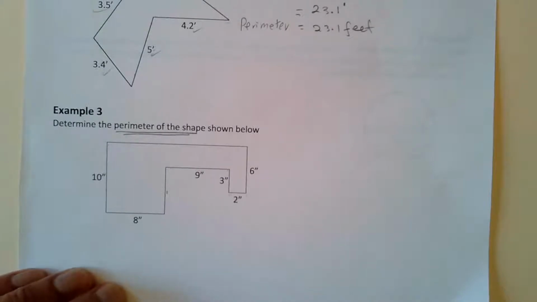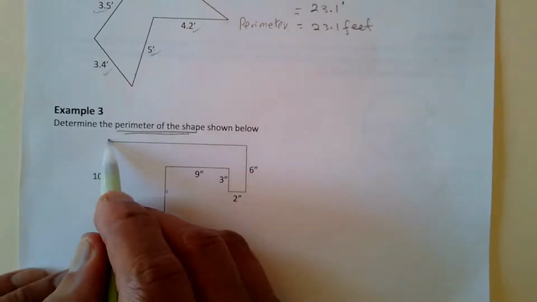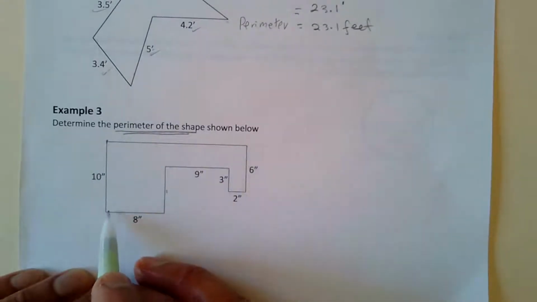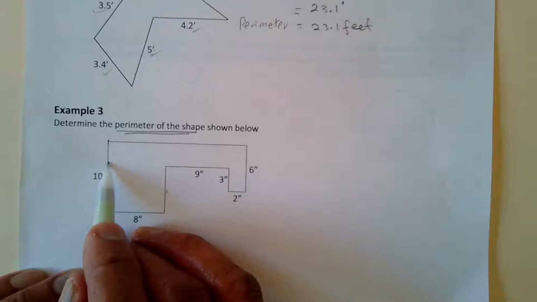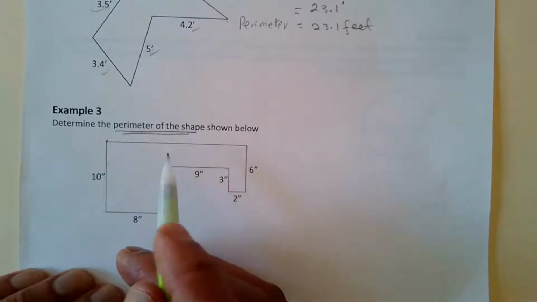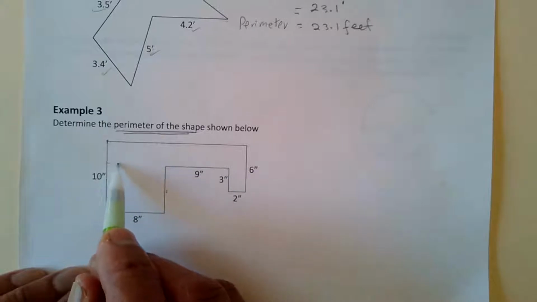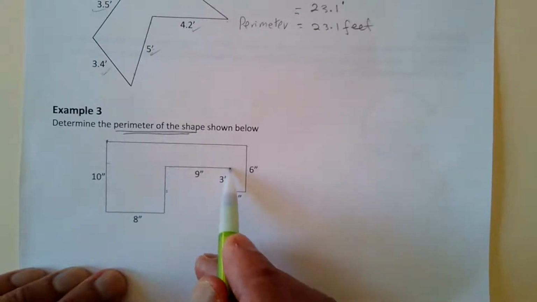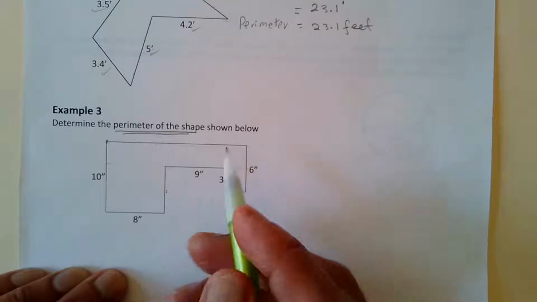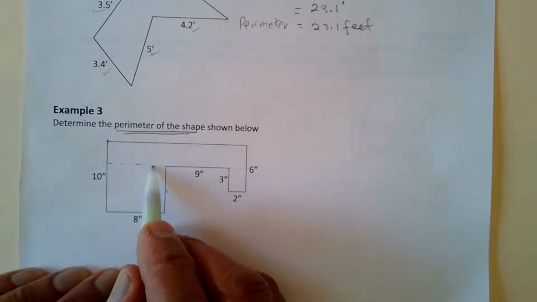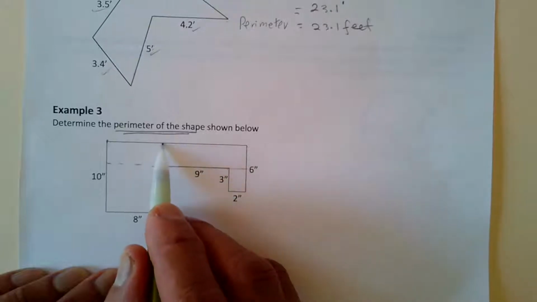Now, the length from one point to point A is the same as the length from here to here. So if I were to put a line through here, you see, now this length here is the same as the length here.